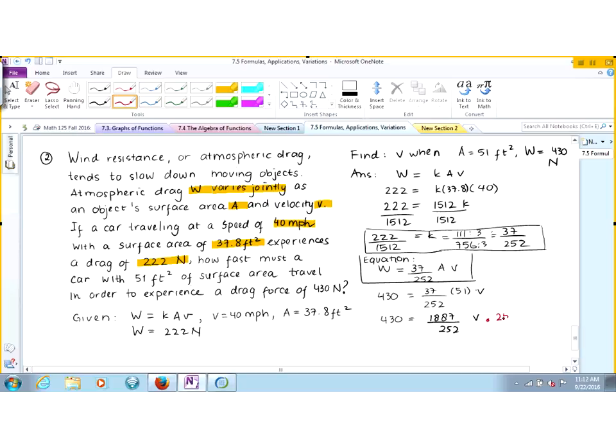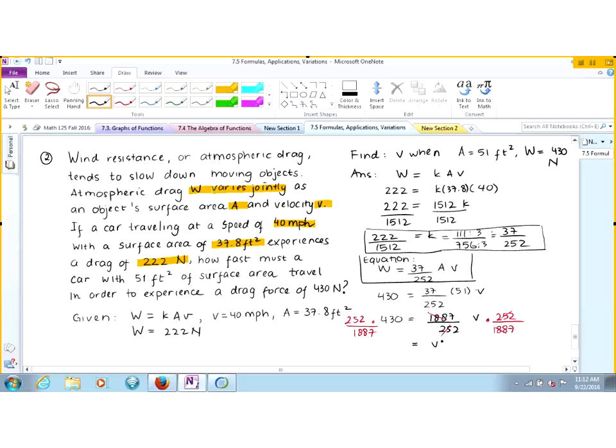So how do I solve for V? Multiply by the reciprocal, which is 252 over 1887, right? All right, so that's how we got the V, and that now we could round. So 252 times 430 divided by 1887.